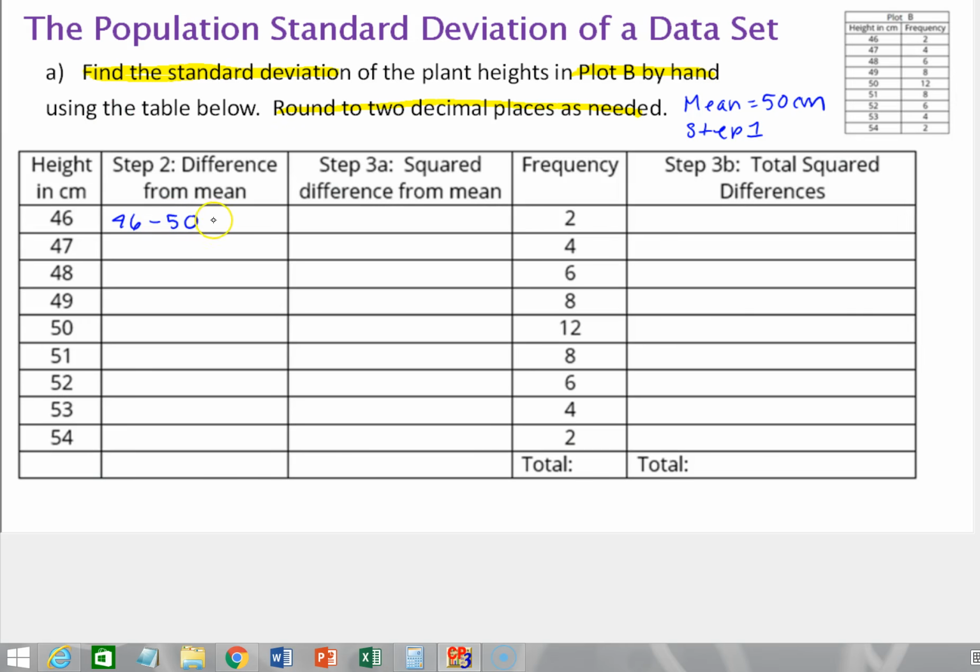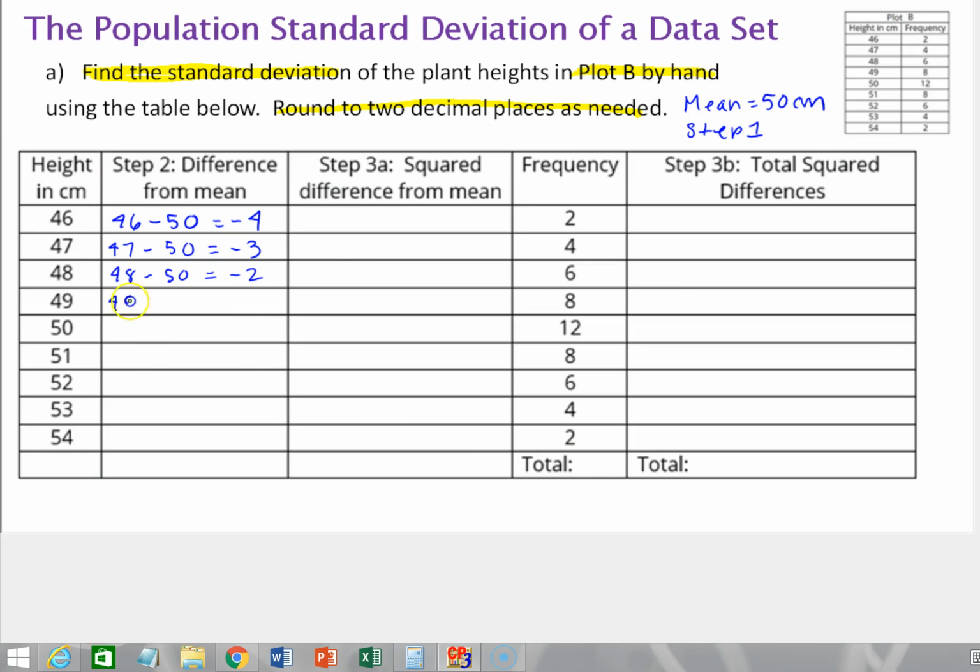Notice these values could be negative, and it's actually not going to matter in the long run. We're about to square them, so the square of any number, negative or positive, will be positive. But this is showing us something else as we go, and that is that this is 4 centimeters to the left of the mean, 3 to the left of the mean, 2 to the left of the mean.